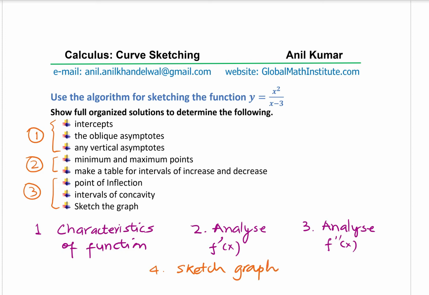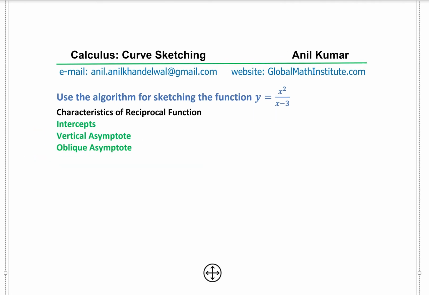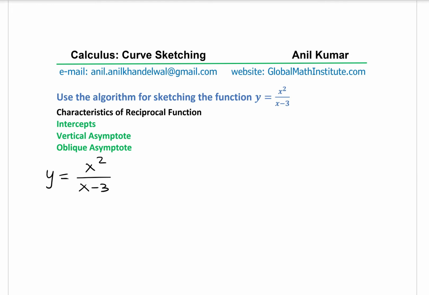So let's begin with the characteristics of the function given to us. The function given to us is y equals x squared over x minus 3. Now this is a rational function. So whenever you have a rational function, you should look for a couple of key parameters. Of course, intercepts are common for all, but the other parameters are horizontal asymptotes and vertical asymptotes.